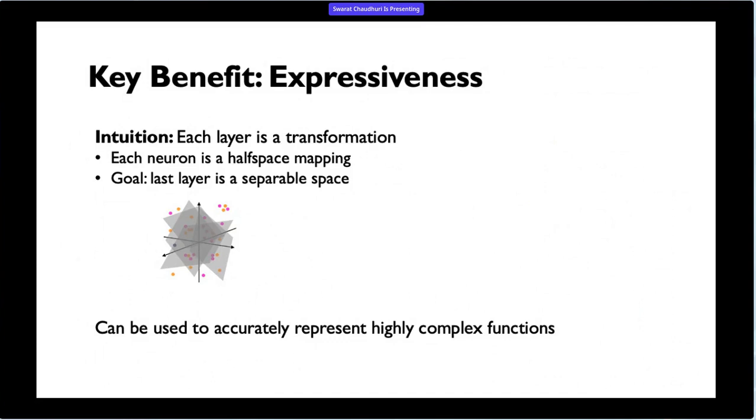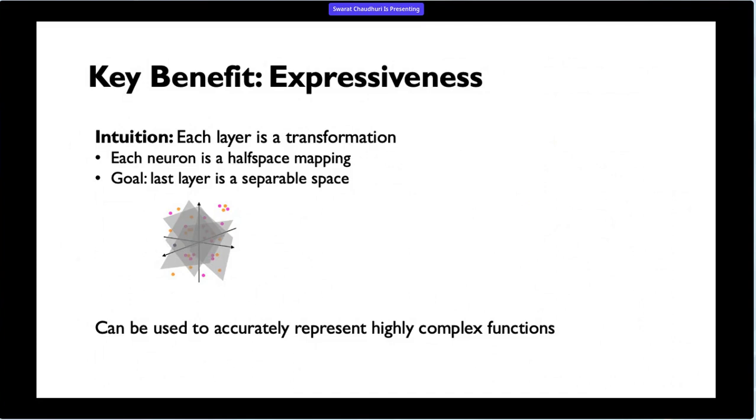Let's say that you have started with a whole bunch of points, and this purple and yellow are these two categories, and they are all mixed up together because your ultimate goal is to separate the purple and the yellow points. But at this point, you see that if you try to fit a line or a quadratic function, it's not going to fit.